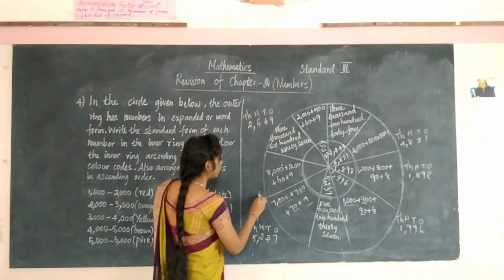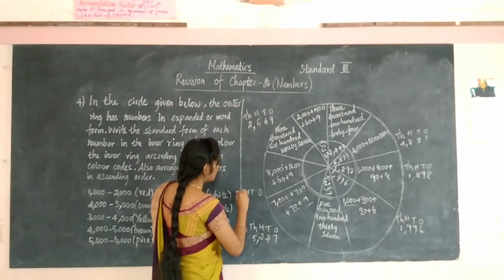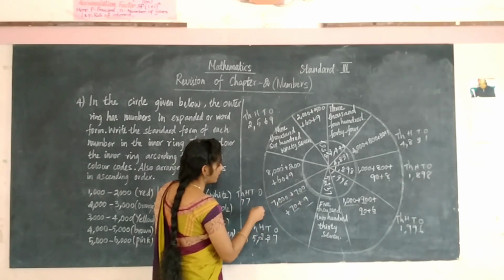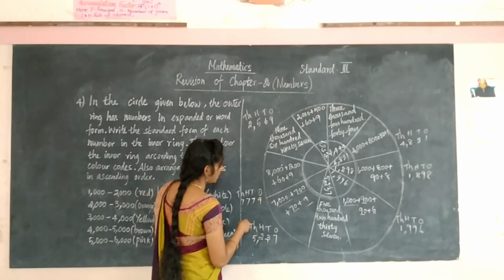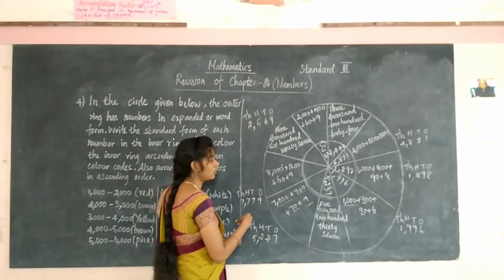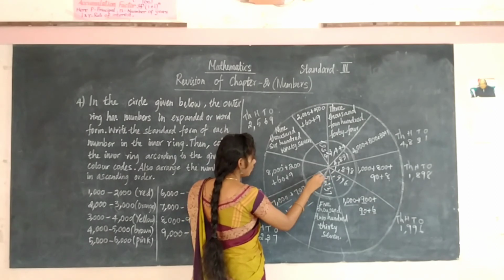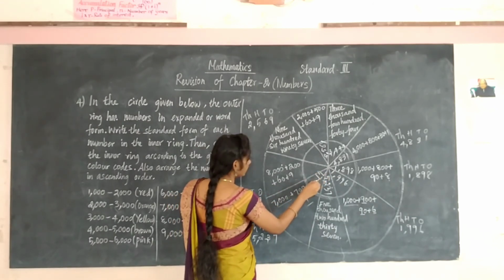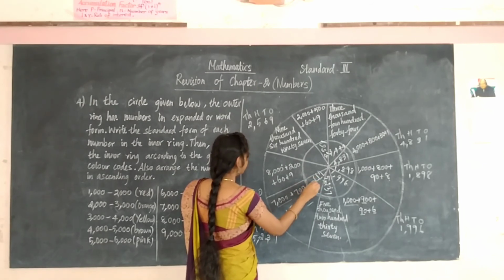The next one is given in thousands place, hundreds place, tens and the ones place. So now we write the place values ones, tens, hundreds and thousands. In the thousands place it is given 7, in the hundreds place 7, and in the tens place also 7, and the ones place it is given 9. Place the commas between hundreds and thousands. So 7,779.